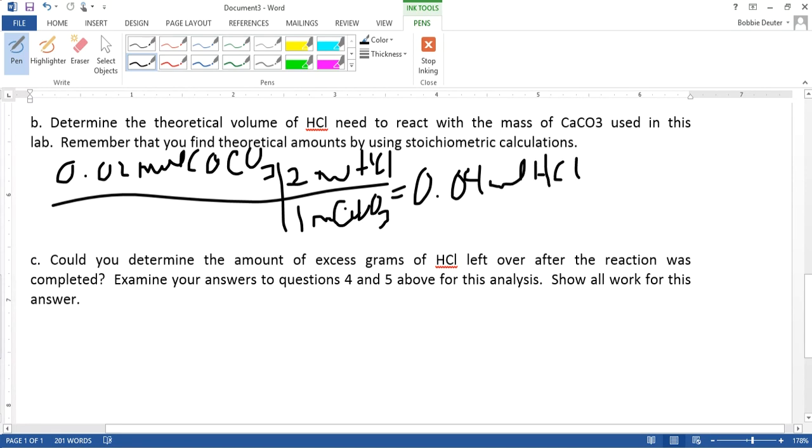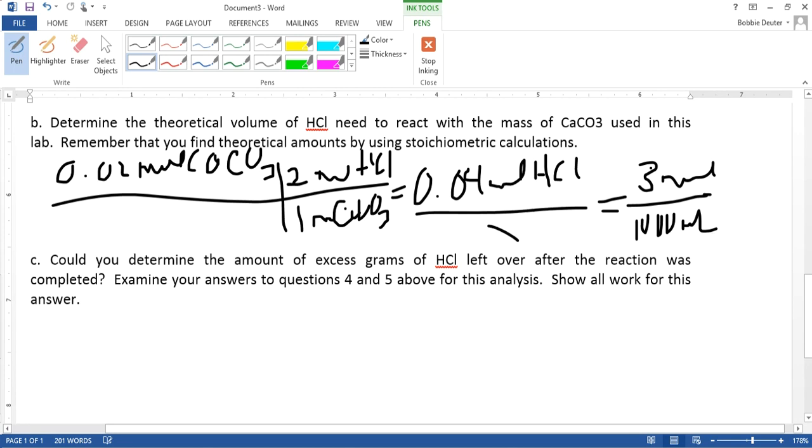Well, from the information that I have above, I know that 3 moles of HCl is in 1,000 milliliters. So I want to determine X right here. X tells me I had 13.33 repeating milliliters used.